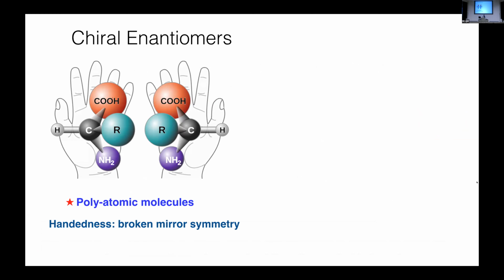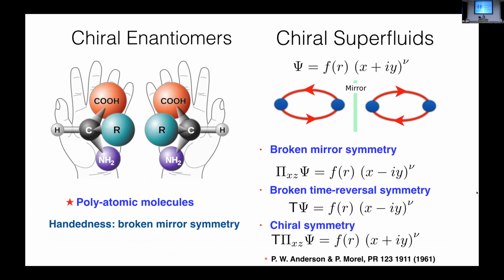Chiral enantiomers are, as I said, mirror reflected left-right versions of the otherwise same molecule.